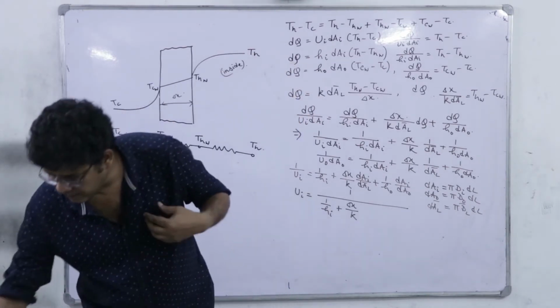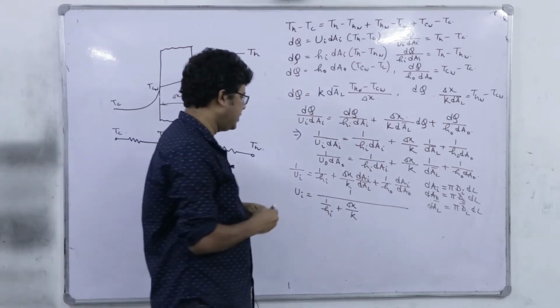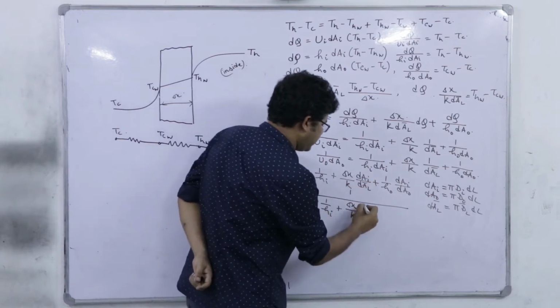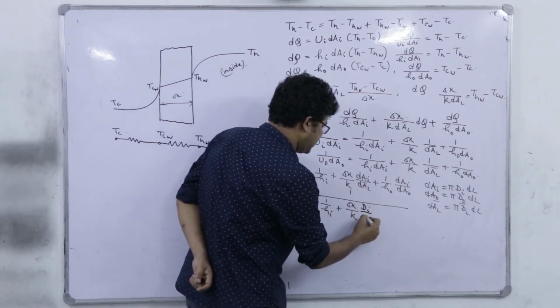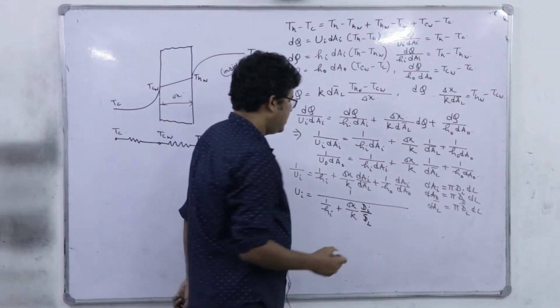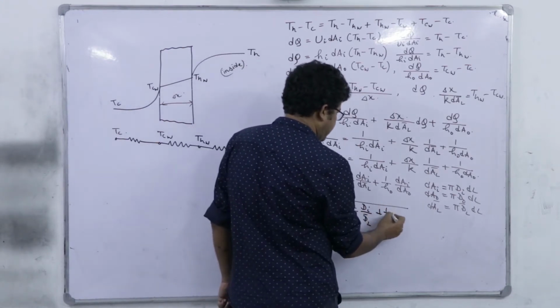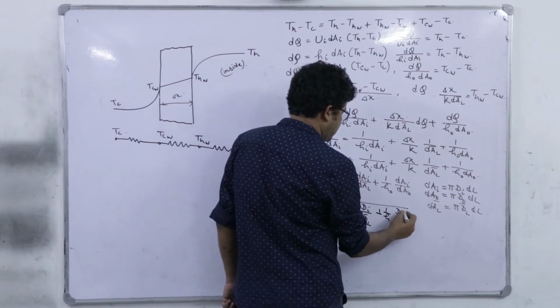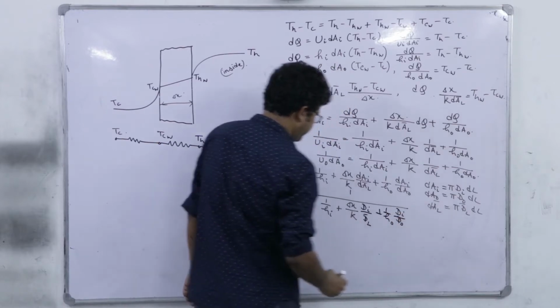So if I go on substituting these expressions, here we will get DI by DL bar, right, plus 1 by HO, DI by DO.